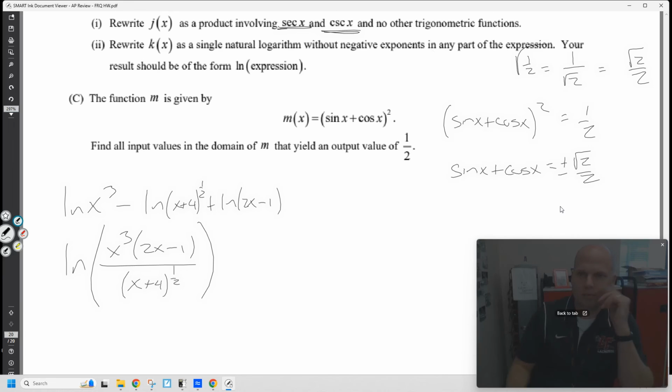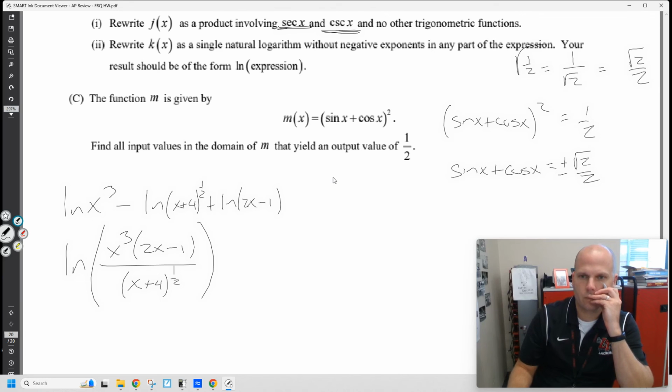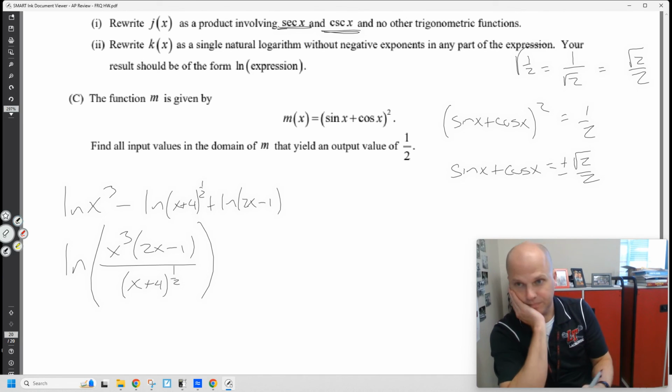Now, somehow sine plus cosine equals the square root of 2 over 2. I actually don't think that's the way to do it.